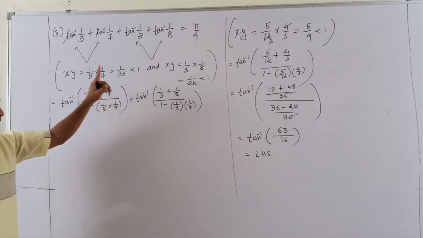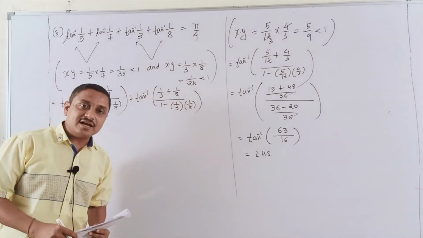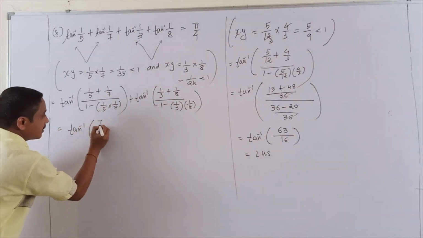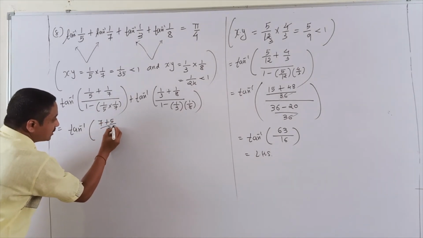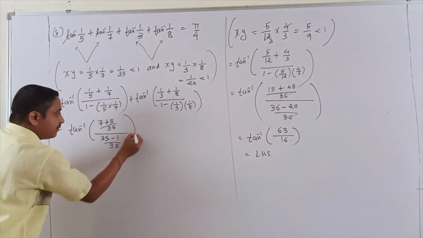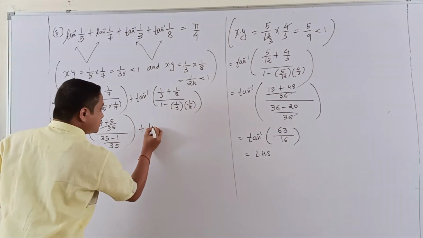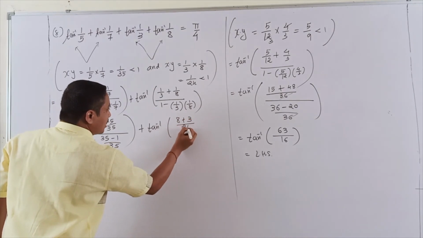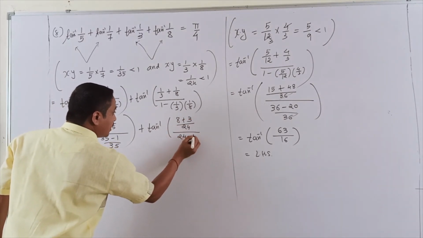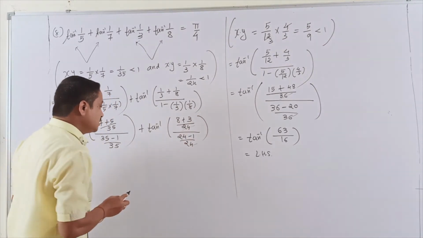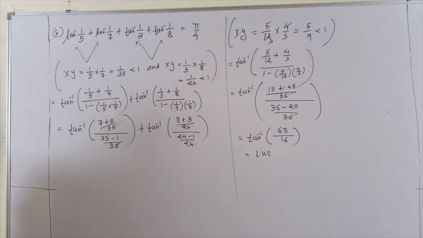Now take the LCM. 7 fives are 35, and here 8 threes are 24. So tan inverse, 7 plus 5 over 35 minus 1 over 35, same as here, 8 plus 3 over 24 minus 1 over 24. These 2 come the same.